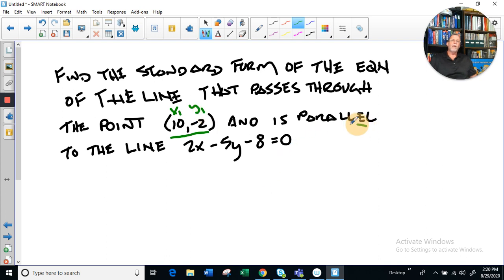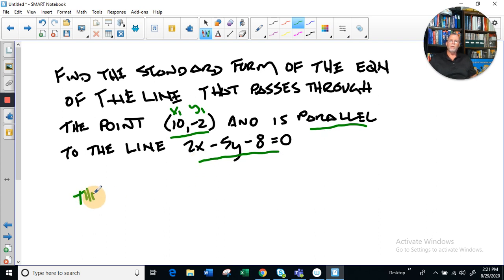And they say it is parallel to this line. So they didn't give us the slope. Remember, we need point and slope to write an equation of a line. They gave us a point, but they said it's parallel to this line. So they kind of have given us the slope, because if I can find the slope of this line, what do we know about parallel lines? Well, we do have a theorem.